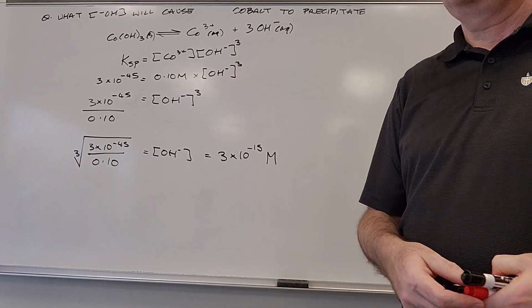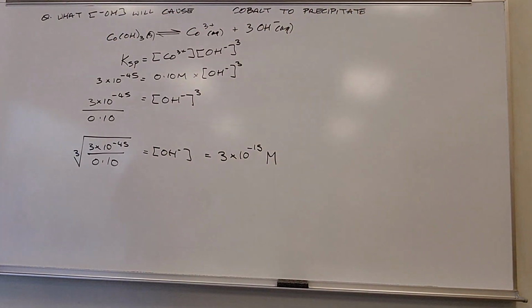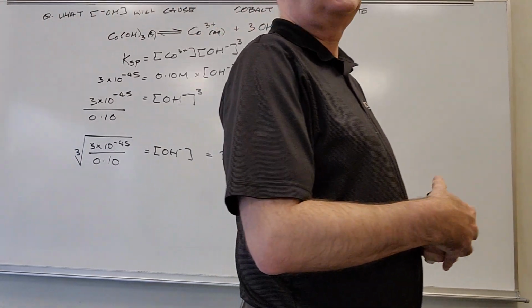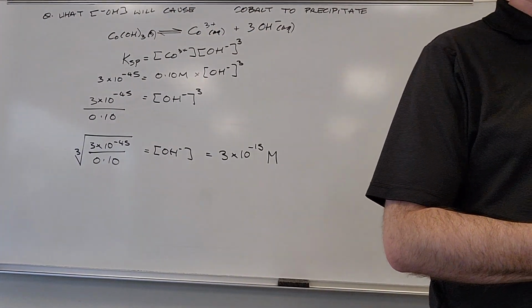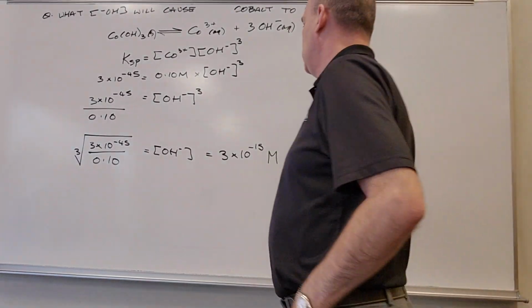Q. And if Q is larger than KSP, then your stuff precipitates. And if Q is less than KSP, then your stuff hasn't precipitated yet. Okay? All right. We'll see you Thursday.